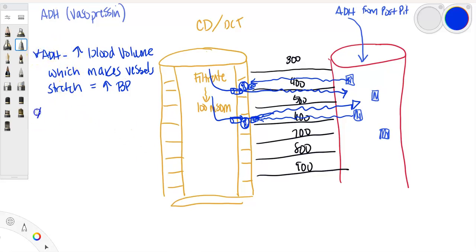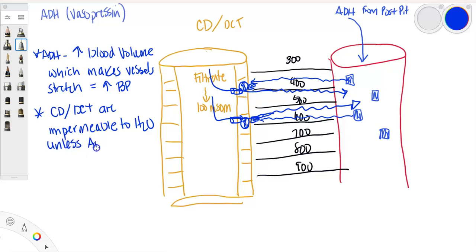All right? Keep in mind the collecting duct and the distal convoluted tubule are impermeable to water unless ADH is present.